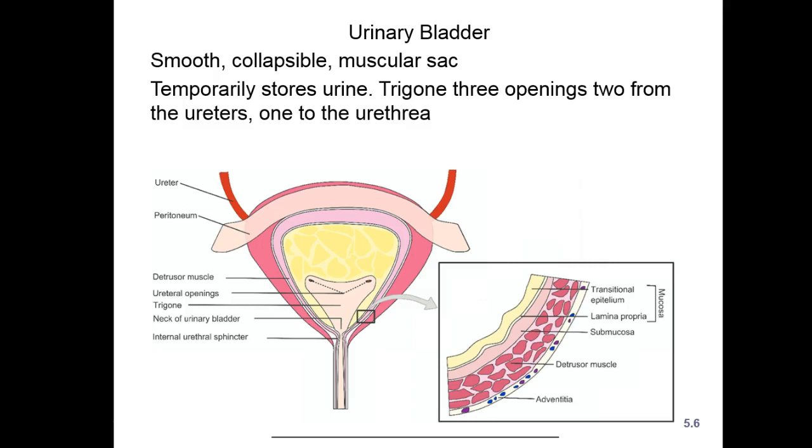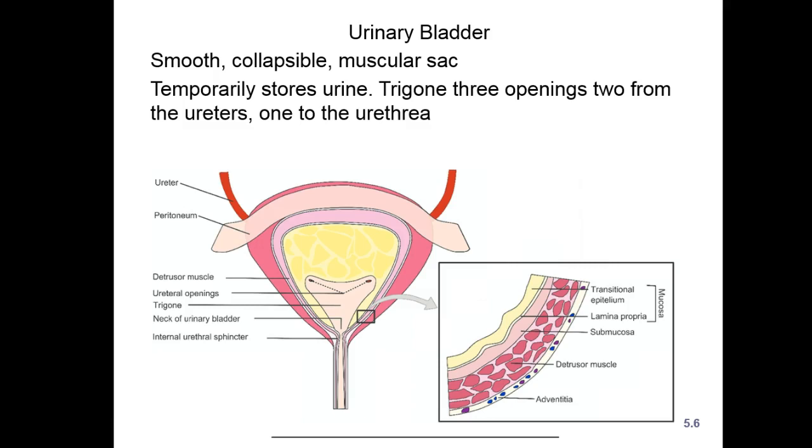The bladder itself is kind of interesting and unique. It's smooth muscle, it's collapsible, it's a sac, but it's a very muscular sac. It's a temporary storage of urine, and it has some interesting features. At the bottom it has this trigone area, where you have more keratinized cells, so the bottom of the bladder, the posterior portion, seems kind of like a funnel.